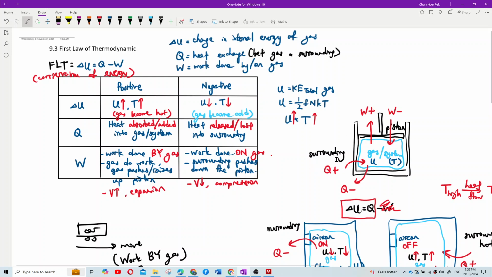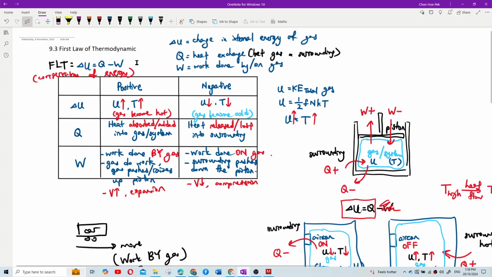Kalau come from the surrounding into gas, dia punya internal energy of gas akan bertambah. This one shows that energy must go somewhere. It cannot just appear from nowhere and disappear into nowhere. Energy must go somewhere, and you can see the changes in the internal energy of gas.